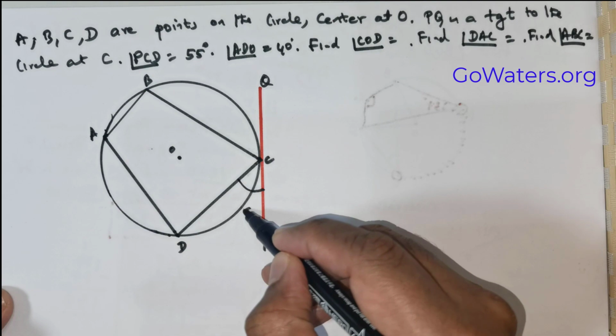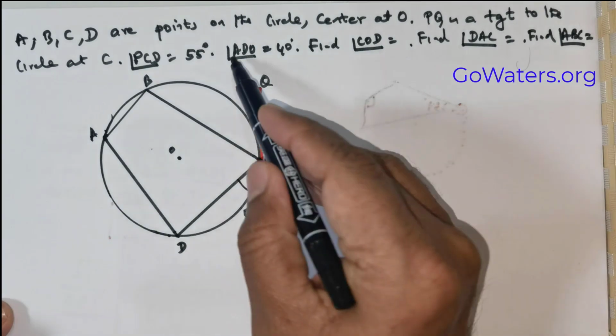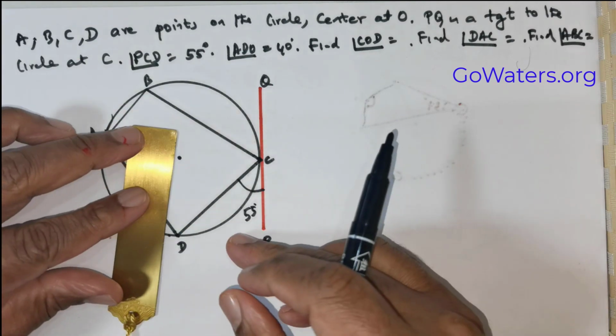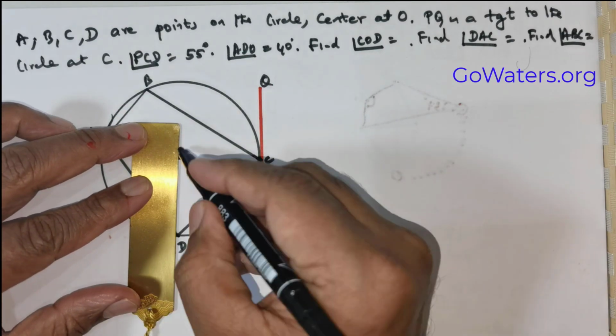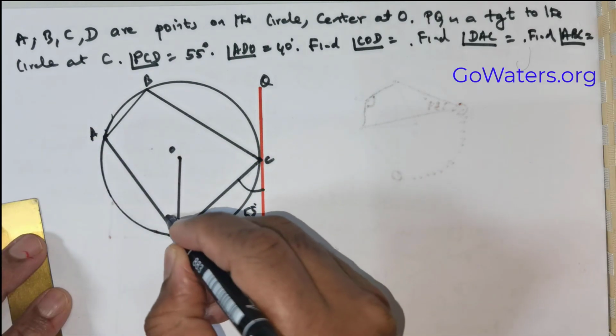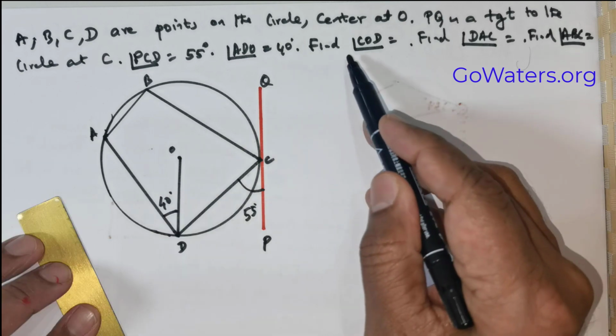So this one is 55 degrees. ADO is 40 degrees. So always O is taken as the center. So you got ADO. This is 40 degrees.